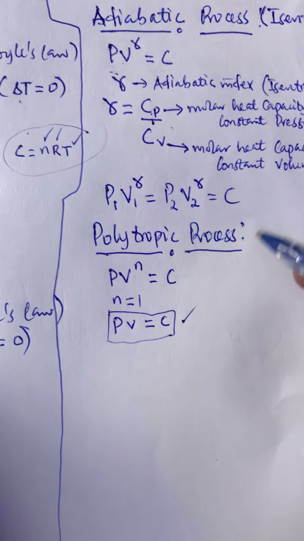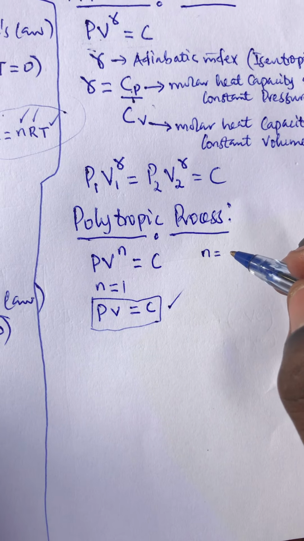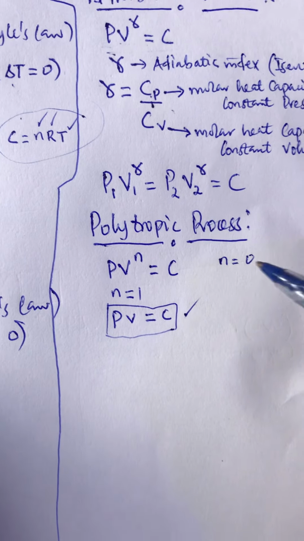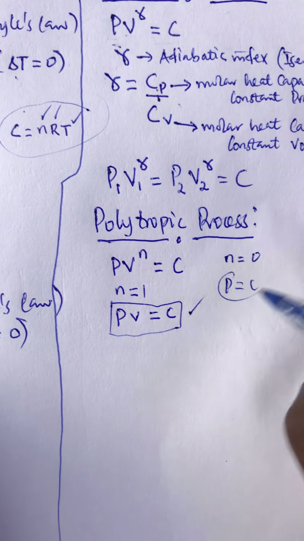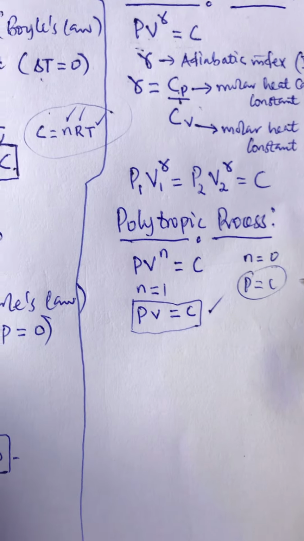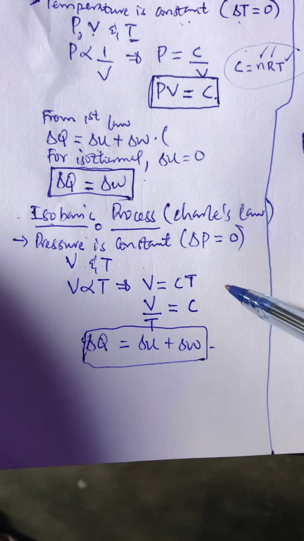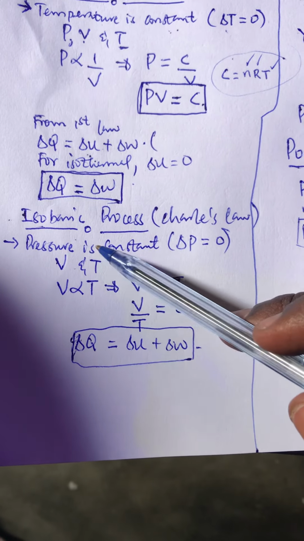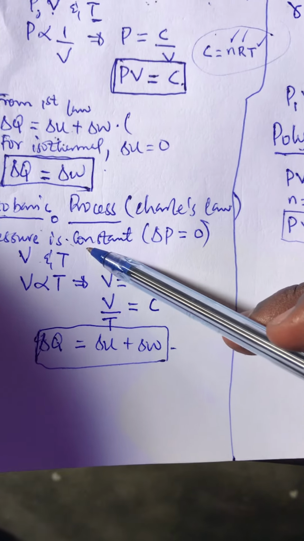Now, if your n is equal to, let me say, 0, then V to the power 0 is 1, so you have P = C. That means P is constant. So from which law is P being constant? That is the isobaric process. From the isobaric process, we said pressure is constant.